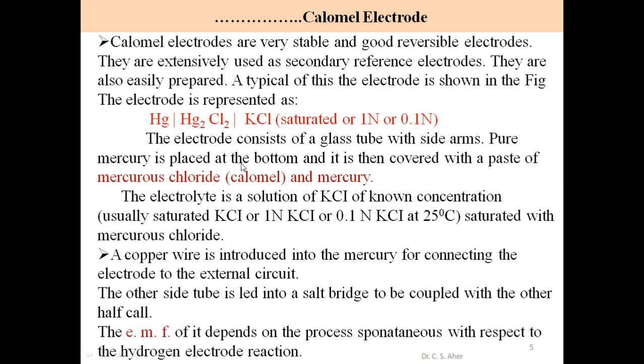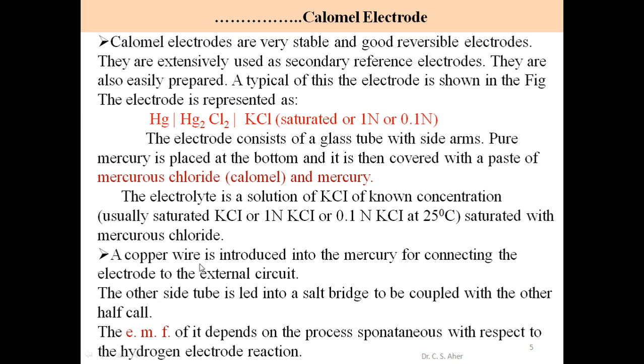Pure mercury is placed at the bottom and it is then covered with a paste of mercury chloride and mercury, as we saw in the figure. This electrode has a KCl solution whose concentration may be 1 normal, 0.1 normal, or saturated at 25 degrees, saturated with mercury chloride.